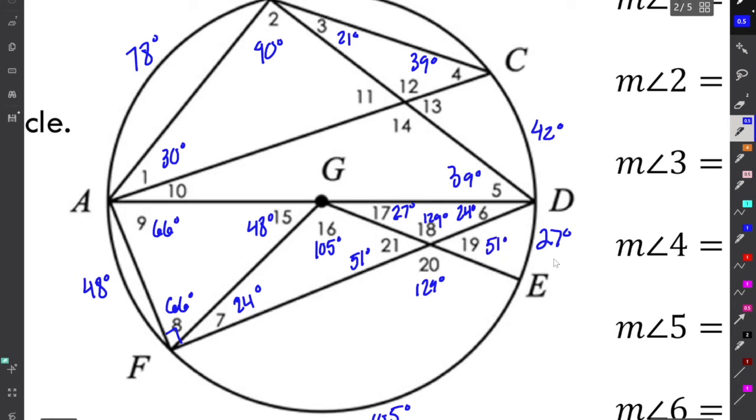Let's find the ones up here now. Angle 11 is in a triangle with angles 1 and 2, so I can do 90 minus the 30, since this is a 90 degree angle. That'll give me 60 degrees right here, so 13 is also 60 degrees. 12 and 14 will be 180 minus the 60 because 12 and 13 are a linear pair, then 12 and 14 are vertical.